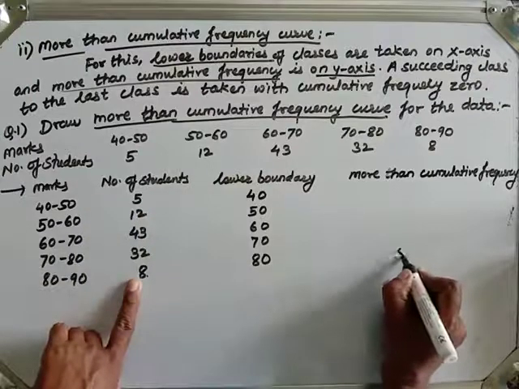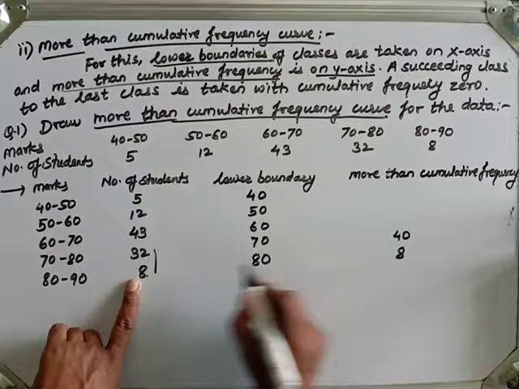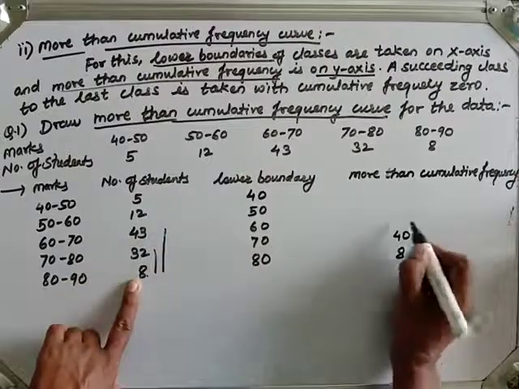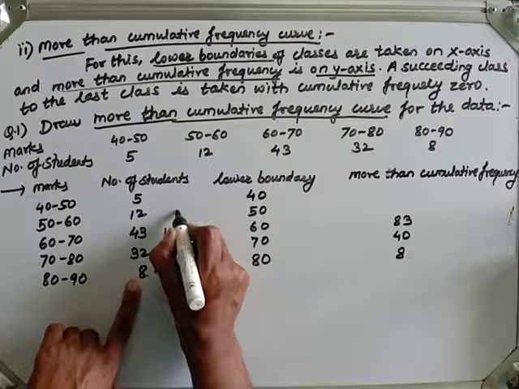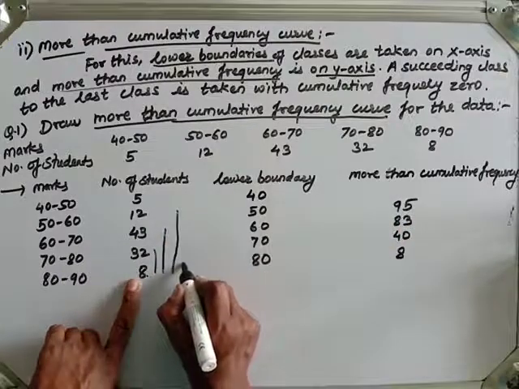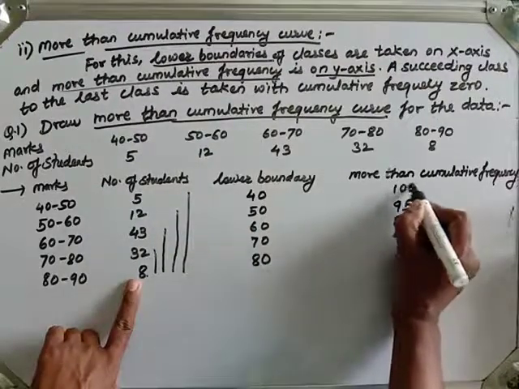So here we will write 8, then 8 plus 32, so it will be 40, then 8 plus 32 plus 43, so it will be 83, then 8 plus 32 plus 12, so it will be 95, and then 8 plus 32 plus 43 plus 12 plus 5, so it will be 100.